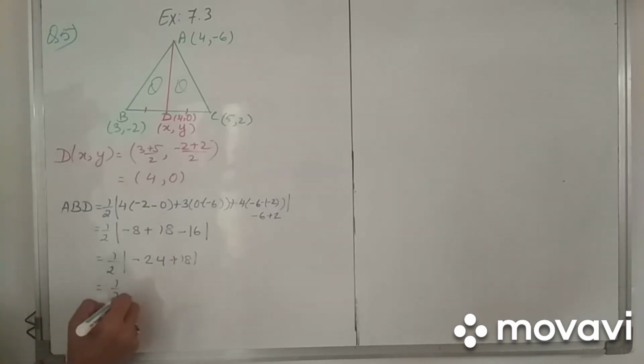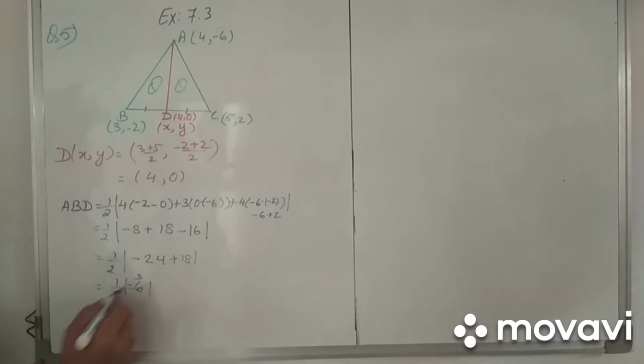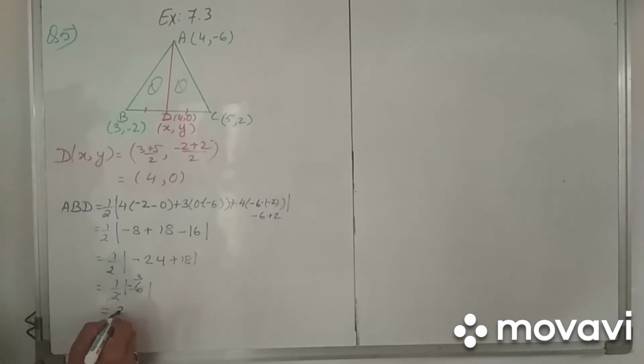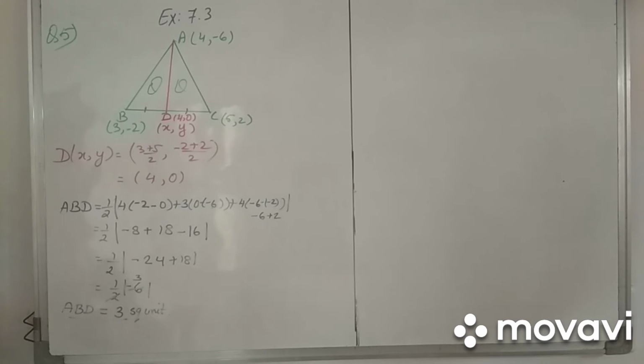This will be equal to half of, on simplifying, 6 minus, so on dividing it will be 3. As it is in modulus form, outside the mod it will be positive. 3 square units you will be getting as the answer.